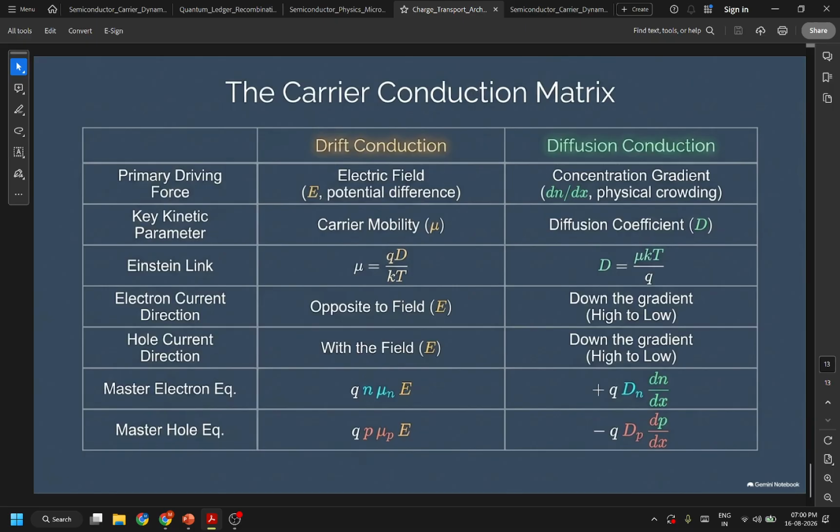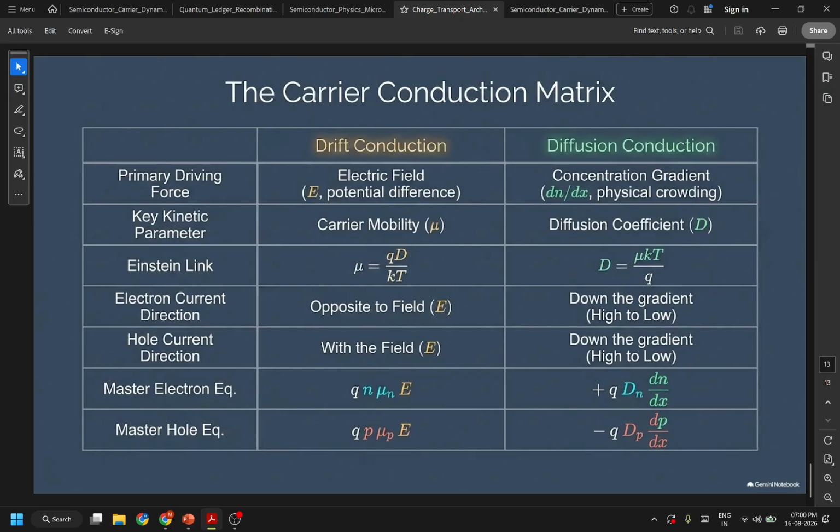So we have two types of conduction: drift conduction and diffusion conduction. Drift's driving force is the electric field, which comes from a potential difference, whereas diffusion is driven by the concentration gradient dn/dx, which is basically crowding.